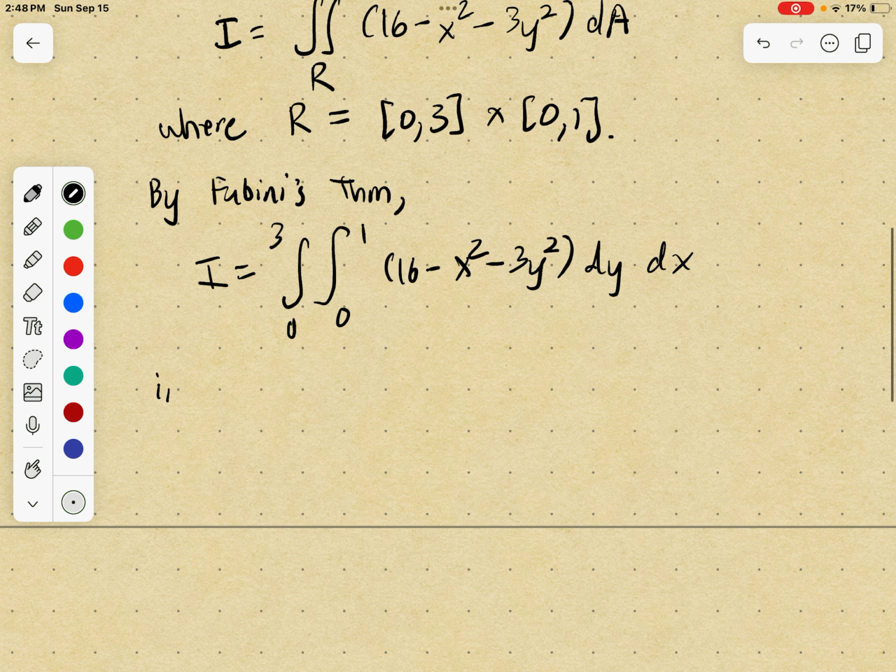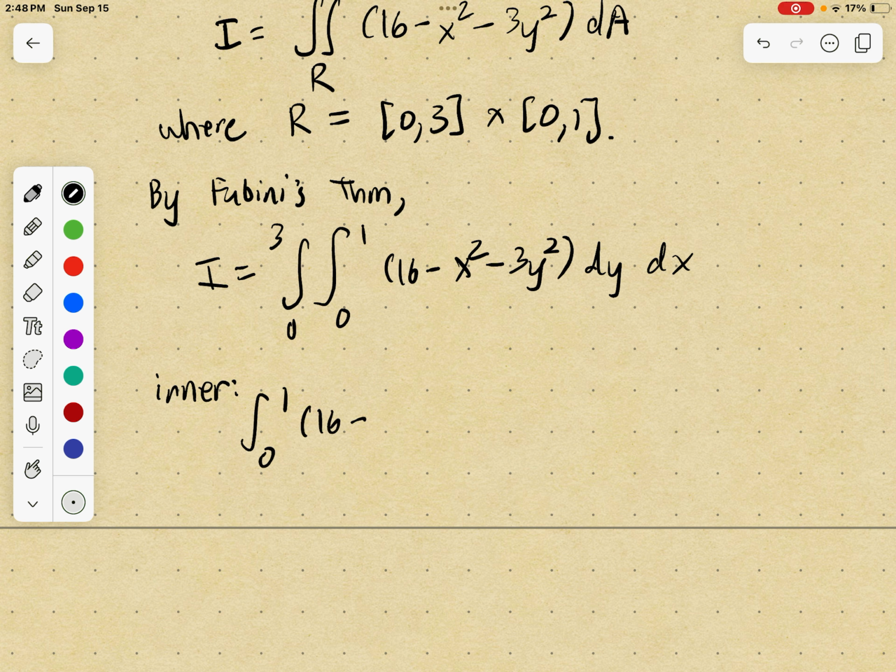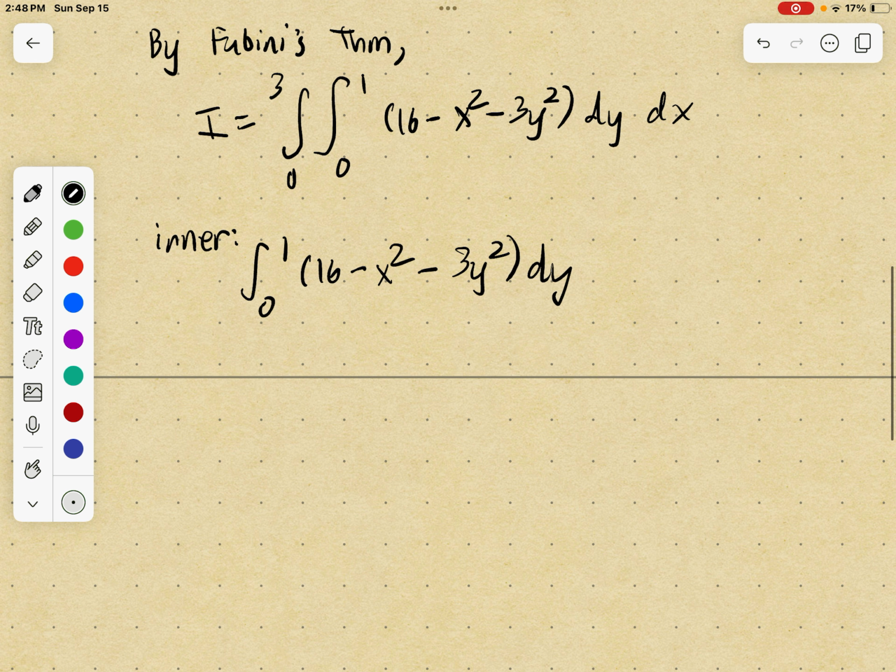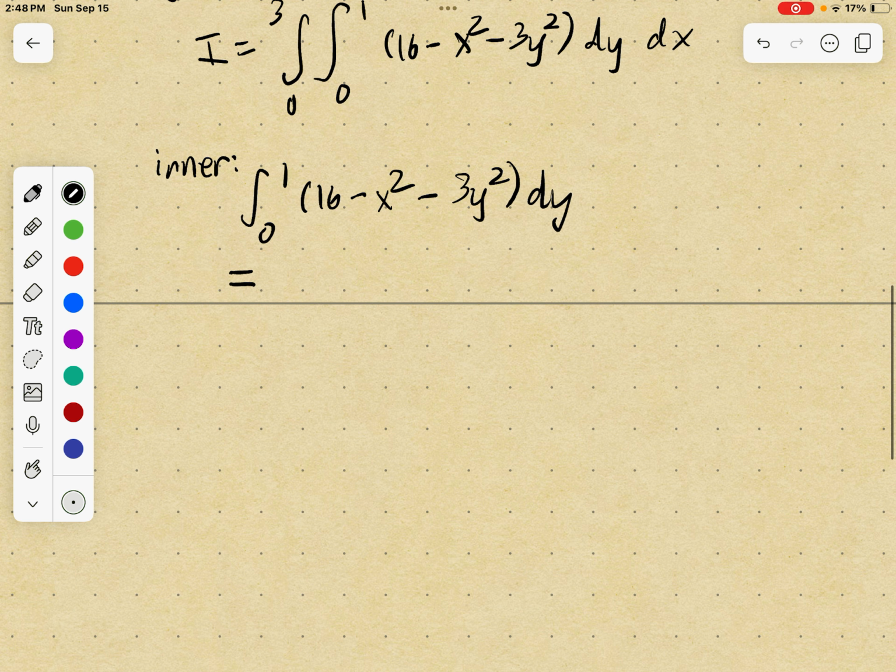So let's do the inside integral first. So we have the integral from 0 to 1 of 16 minus x squared minus 3y squared with respect to y. And I think it would be a good idea for you to pause the video and see what you get. But I'm going to do it out. So this is equal to, and we keep x fixed, right?